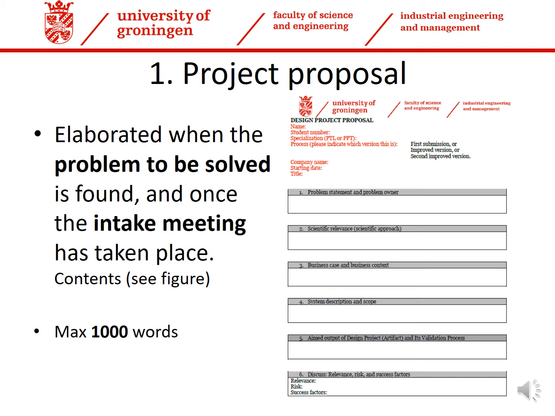What else can I say about the proposal? Well, it's one of the first documents, and if it takes you more than 1,000 words to describe all these 6 sections, in principle, the committee doesn't mind if it takes 1,100 words or 1,200 words. But the idea is that the proposal should be well written.